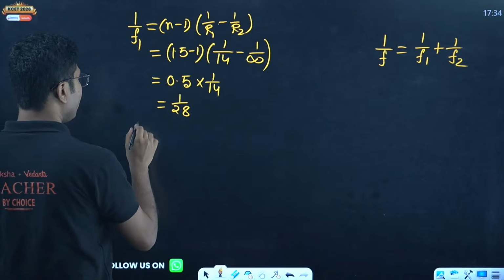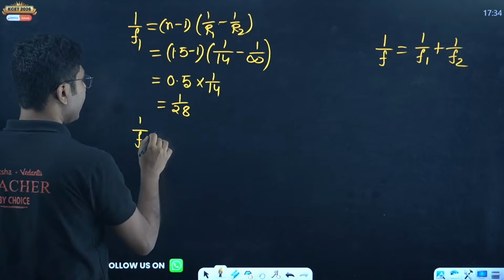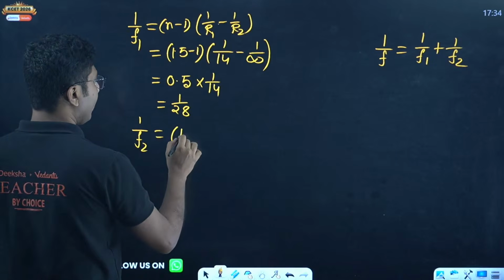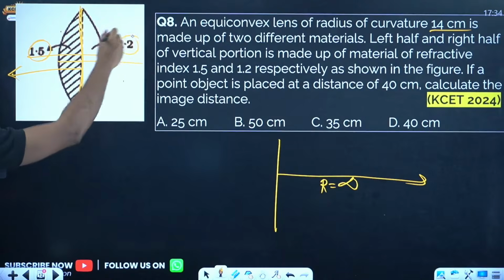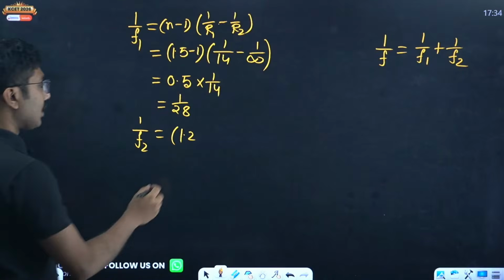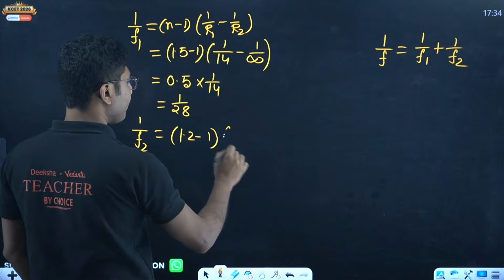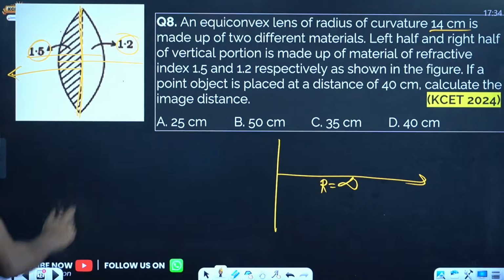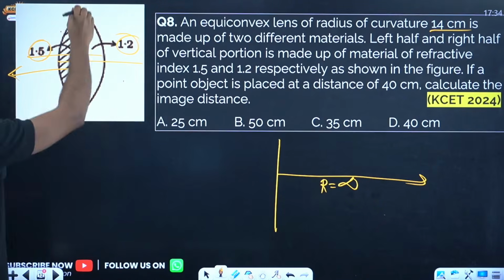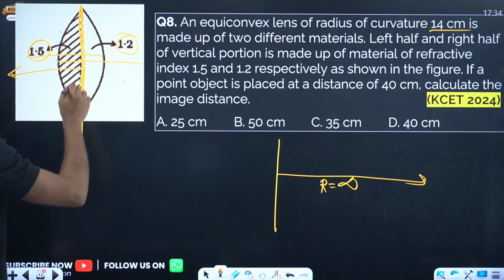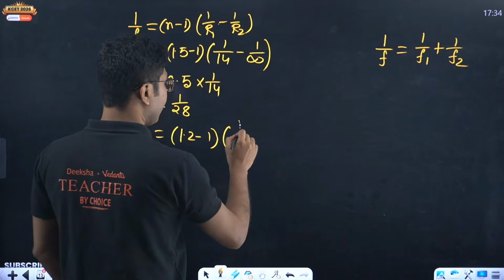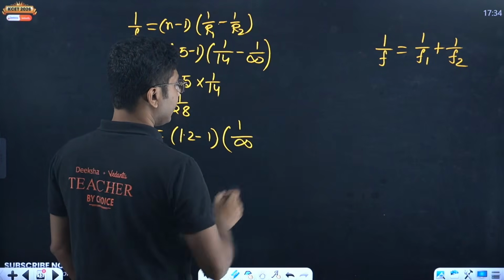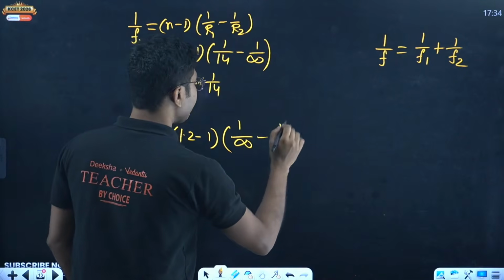And what about f2? 1 by f2 equals, now for f2 the refractive index is given as 1.2. So we will use 1.2 minus 1. Now the first surface is a flat surface, so its radius of curvature will be infinity. Minus, what about the second surface?